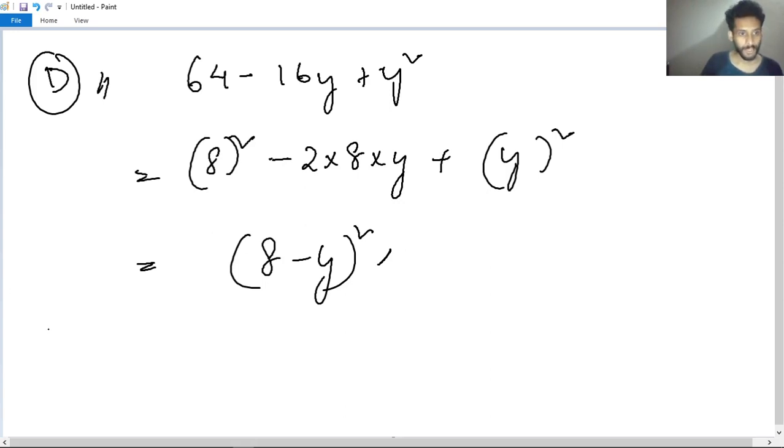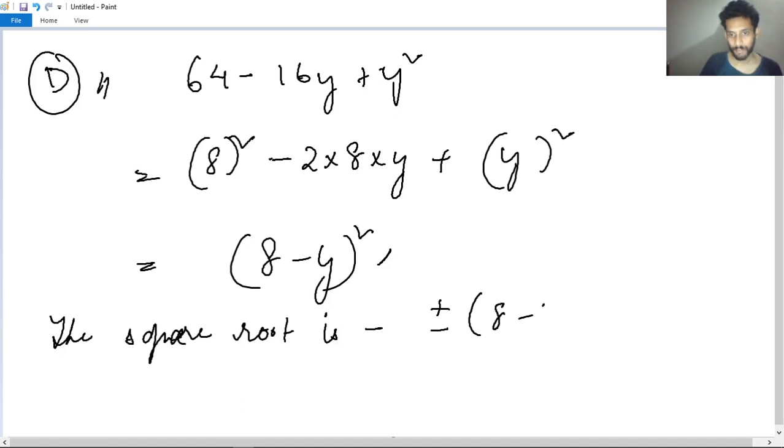Now you have to write just this line: the square root will be plus minus 8 minus y, this inside part. You just have to write the inside part, not the square part: 8 minus y, plus minus 8 minus y.